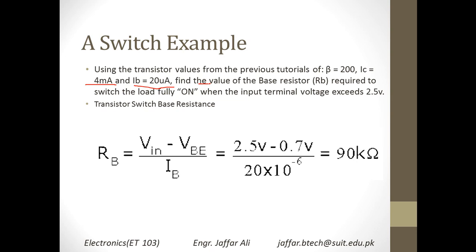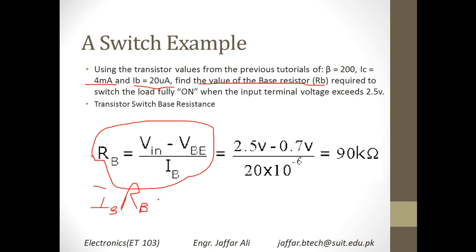So you have to find the base resistance, and you have to simply apply KVL. I will tell you how this is applied. It was something like this: the current, the voltage dropped at the resistor, and some voltage that is dropped, mostly 0.7 across VBE, and this was equal to the voltage supplied.